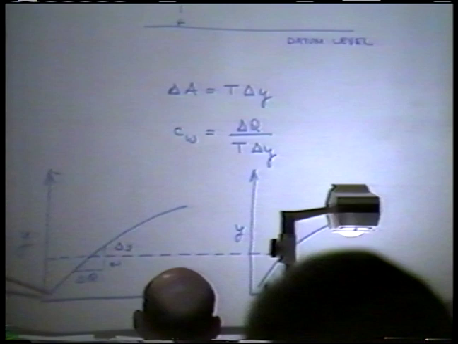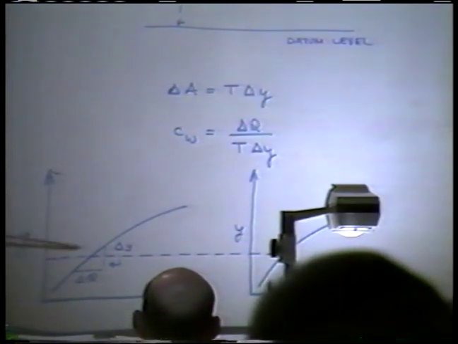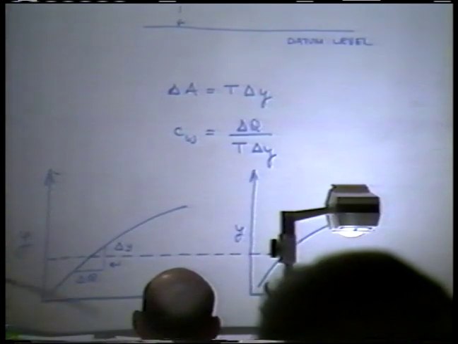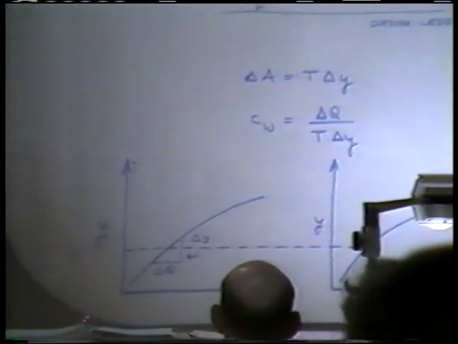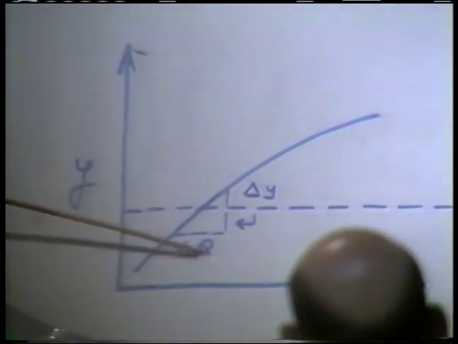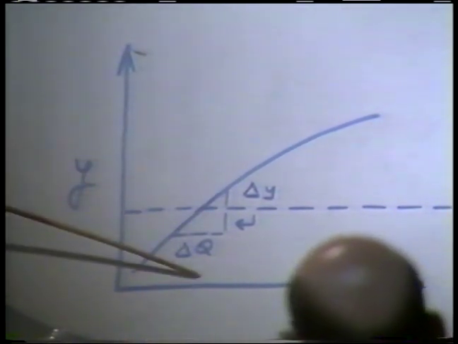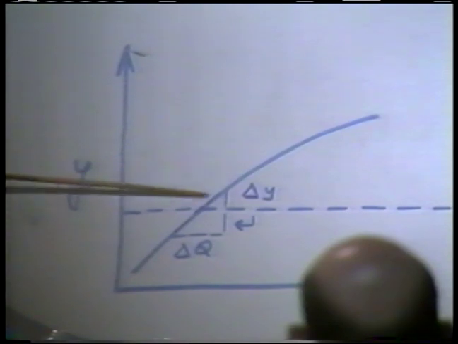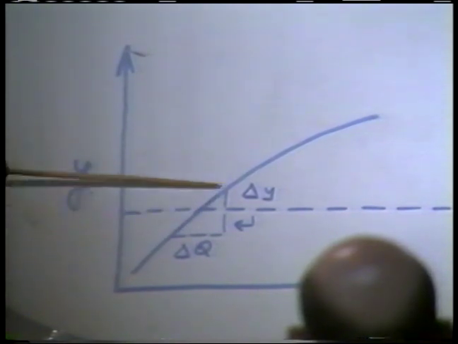So if you can pose to yourself an equilibrium rating, such as is used in hydrology when you want to convert from discharge to stage, then you can say that for a certain discharge, you have a certain stage, and you have a slope of the rating.